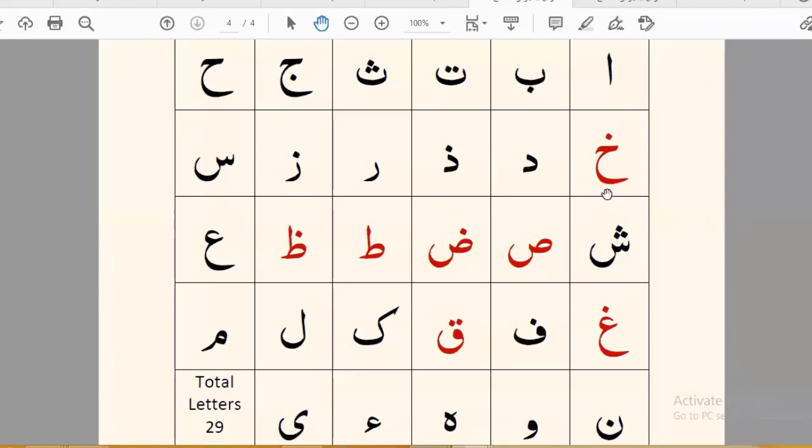Now, opposite to that, we have thick sounding letters. There is a total of 7 thick sounding letters. Follow my hand, 1, 2, 3, 4, 5, 6, and 7. So out of 29 letters, there are 7 letters that are thick sounding letters.